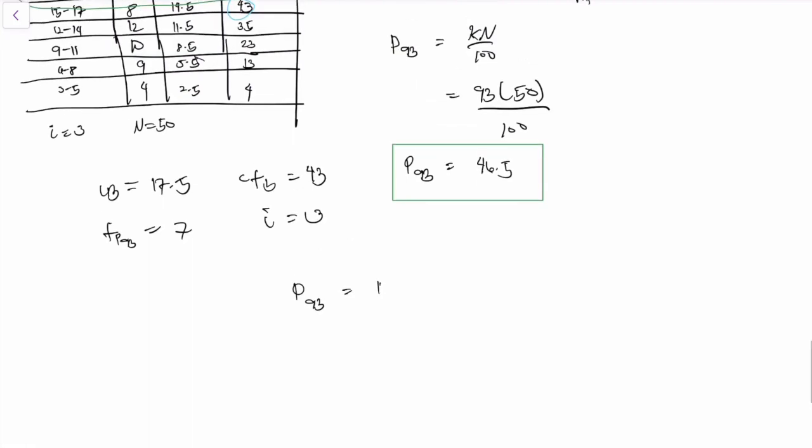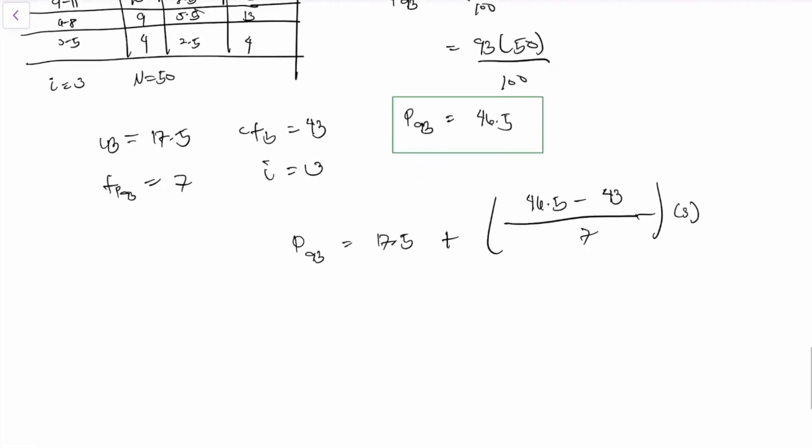LB is equal to 17.5 plus kn over 100, that is the position of P93, which is equal to 46.5, minus the cumulative frequency before the P93, which is equal to 43, all over the frequency, which is 7, and multiply this all by the class interval size.